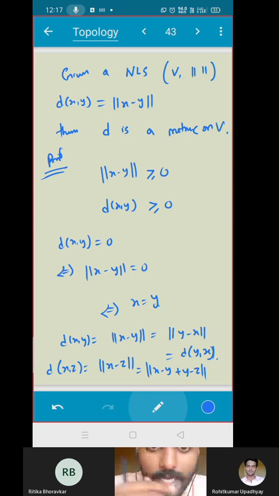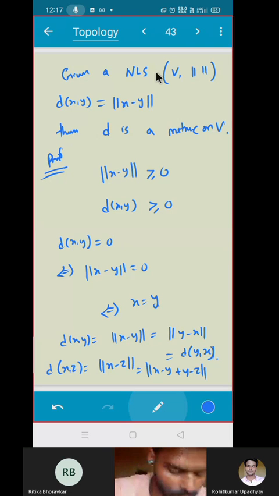This is referred to as the metric associated with the norm. We'll be using it from the next lecture all the time, mostly. We are going to prove some properties with this only.